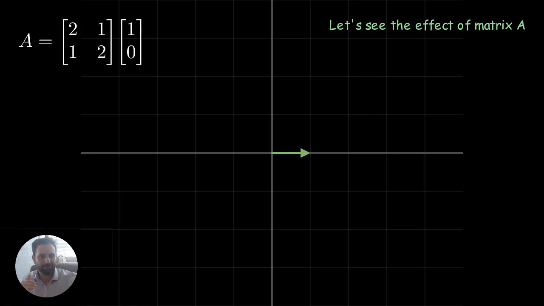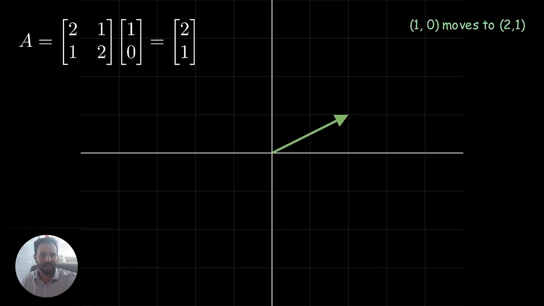And you would agree with me if I tell you, when I multiply this 1 0 with a 2 by 2 matrix, this 1 0 is going to go to another two-dimensional vector. It's going to take a vector and then give a vector. So if I do the matrix multiplication, look at the first row, 2 1, with inner product 1 0, I just take the first one, it gives you 2.